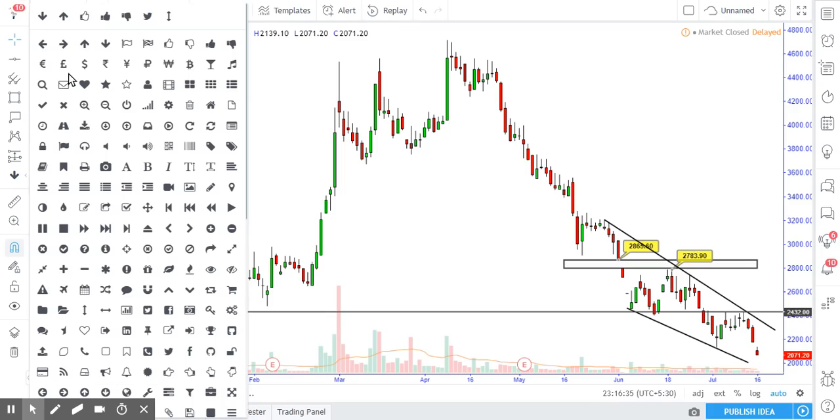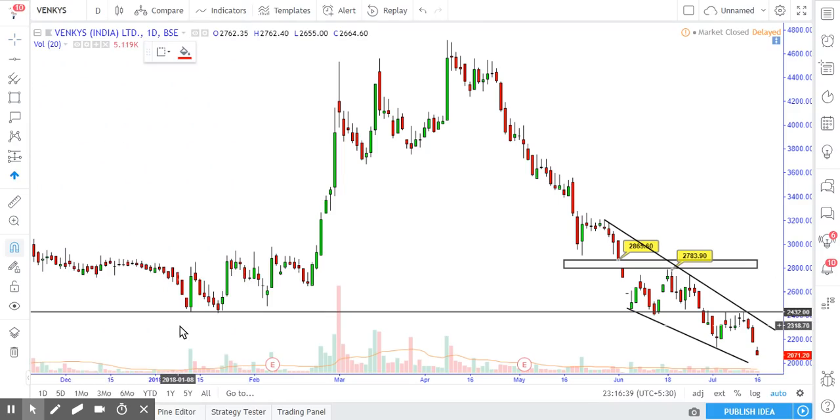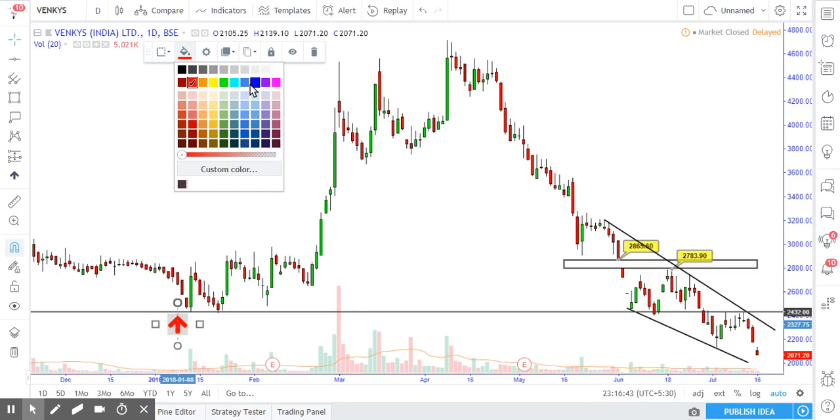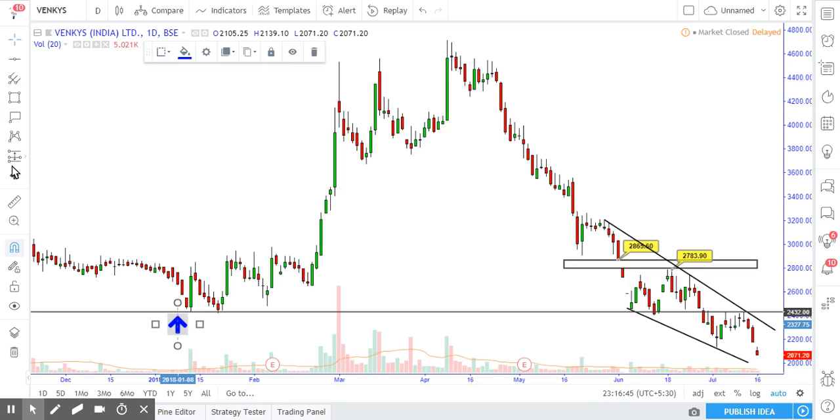If you notice this, this was actually a strong support zone previously.